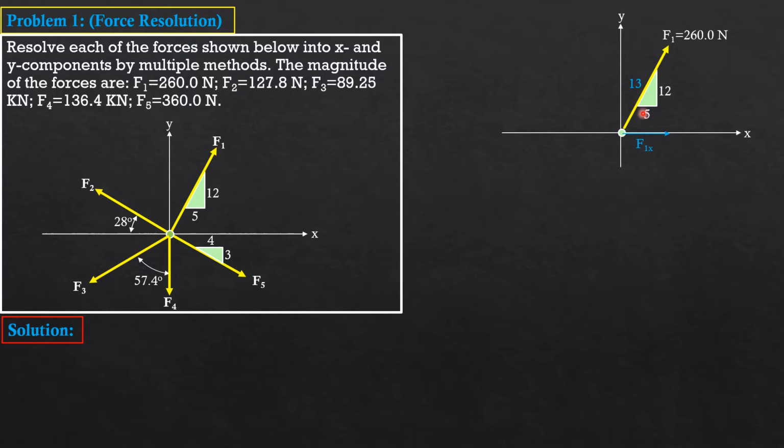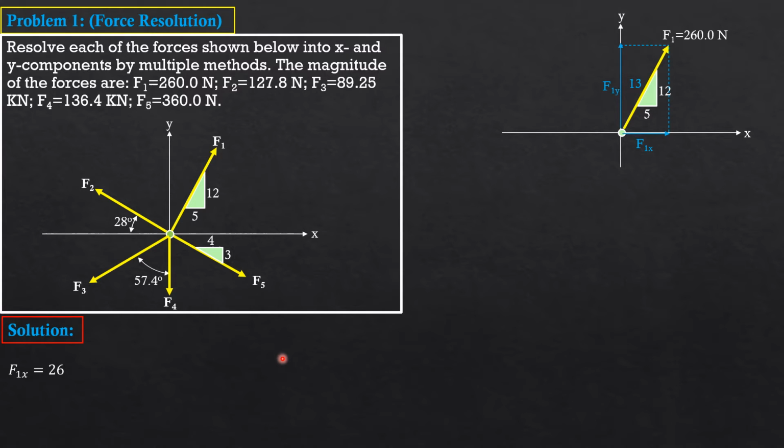F1x is to 5 as 260, which is the hypotenuse, is to 13. The other way is F1x is equal to the hypotenuse times the x component of distance, which is 5, divided by distance, which is 13. So this is F1y, which is also expected to be positive.